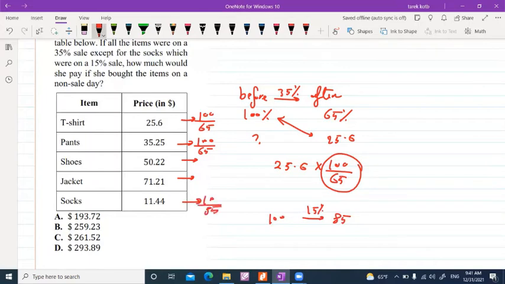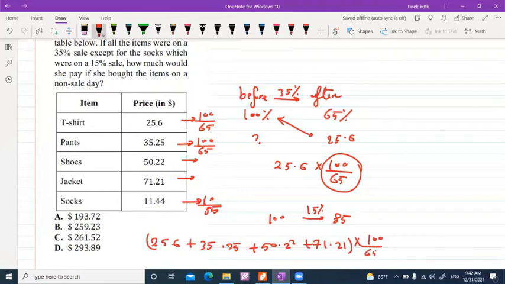So it's better to add all this and multiply it by 100 over 65: 25.6 plus 35.25 plus 50.22 plus 71.21, and then multiply it all by 100 over 65, plus the only item, which is 11.44 multiplied by 100 over 85.